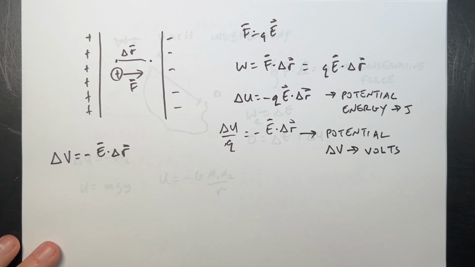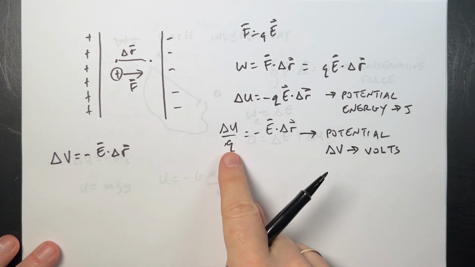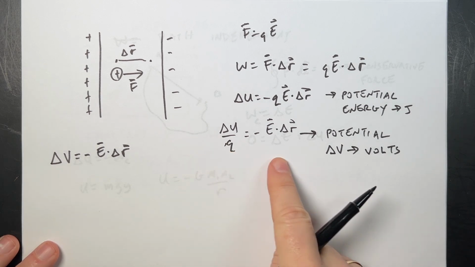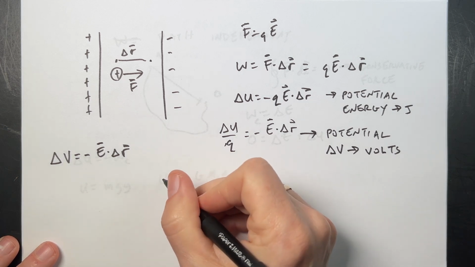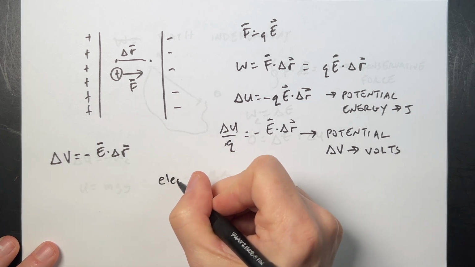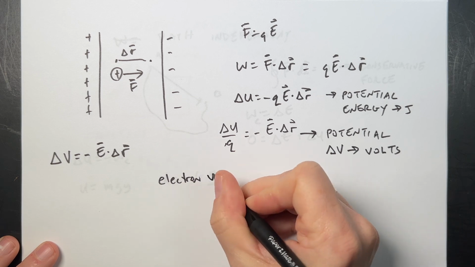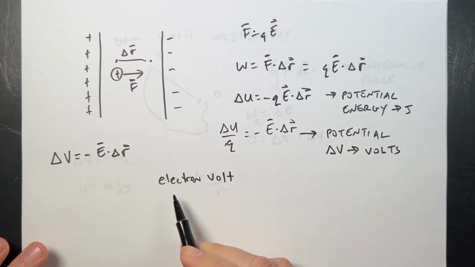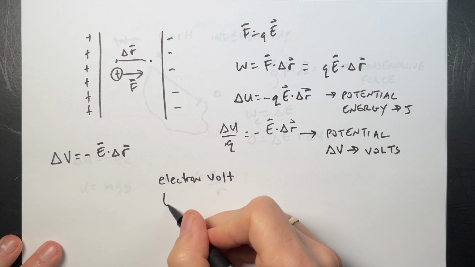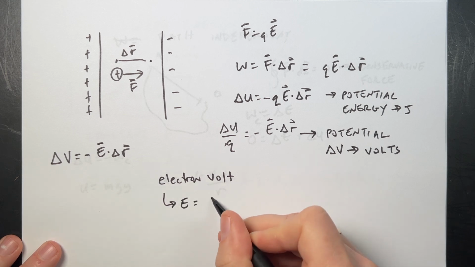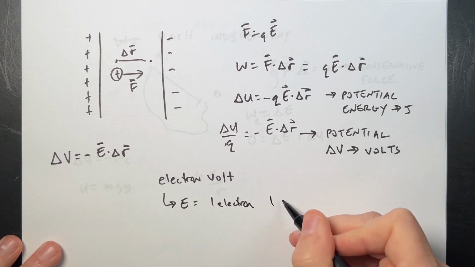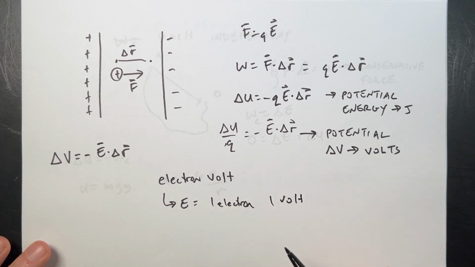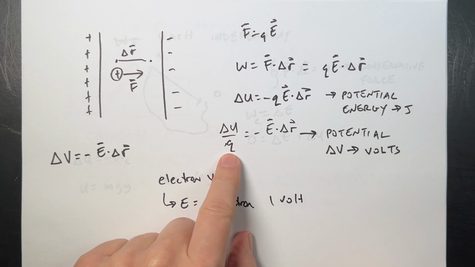Now, I do want to point out one other thing. We have this delta V in volts, and there's this other thing called an electron volt, which is the energy for one electron going through a 1 volt potential difference. So I can calculate that, right?